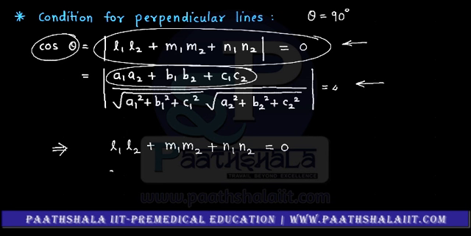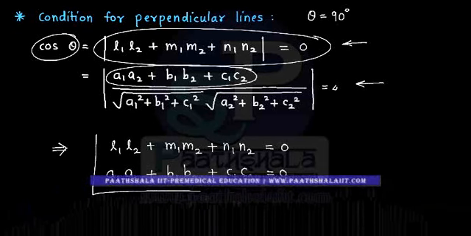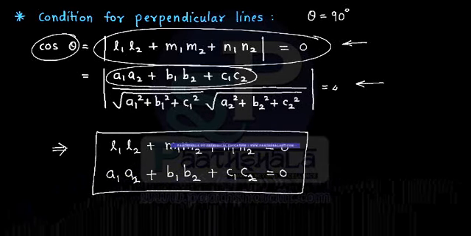Alright, so therefore in case of direction ratios, the condition turns out to be a1 a2 plus b1 b2 plus c1 c2 equal to 0. Alright, so these are the conditions for the two lines to be perpendicular to each other.